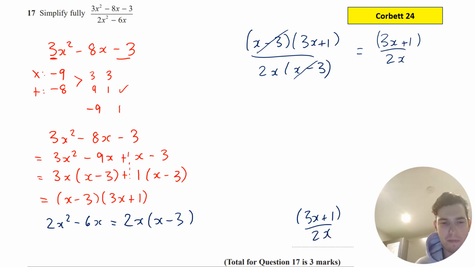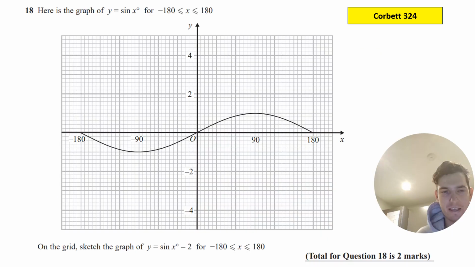Let's keep on going. Now, here is a graph of y equals sine x. We haven't done this in class yet, so don't worry, we will cover it. It wants us to sketch the graph of y equals sine x minus 2. So this kind of transformation, if it is minus 2, that means I need to shift everything down by 2.